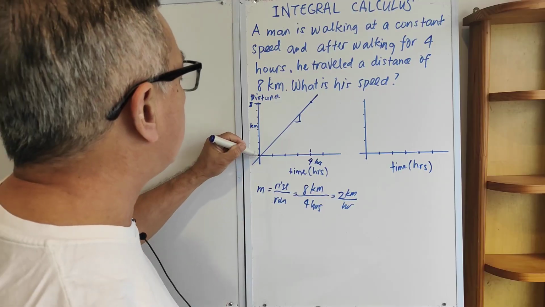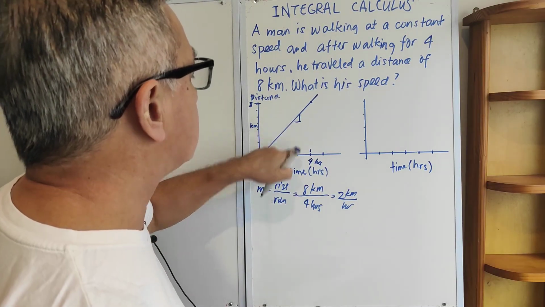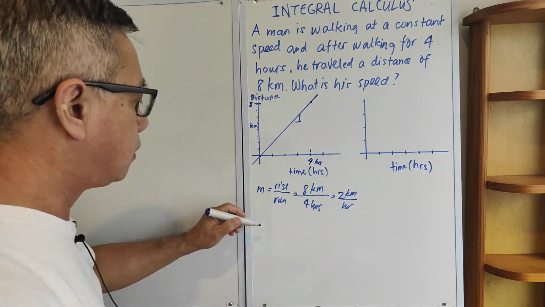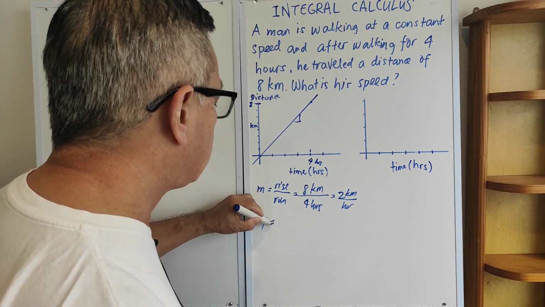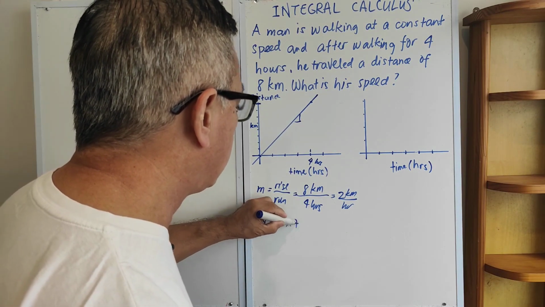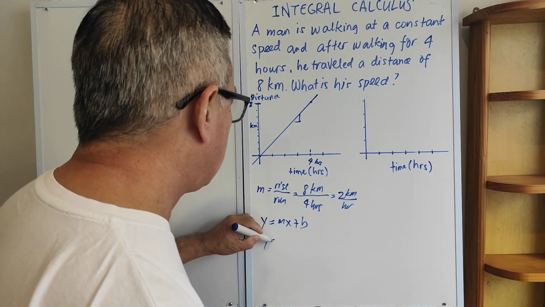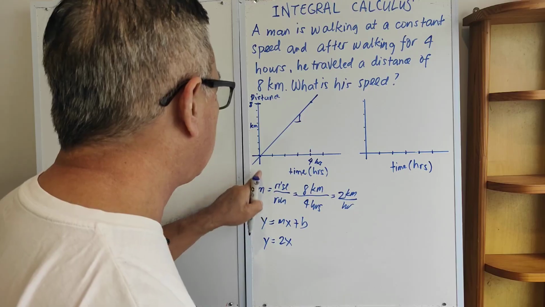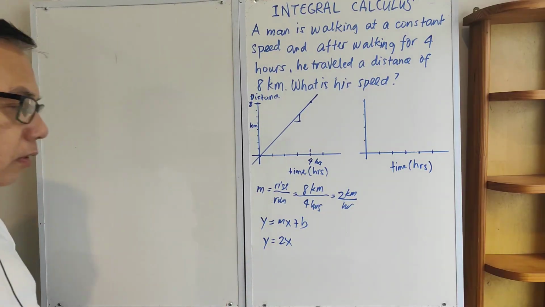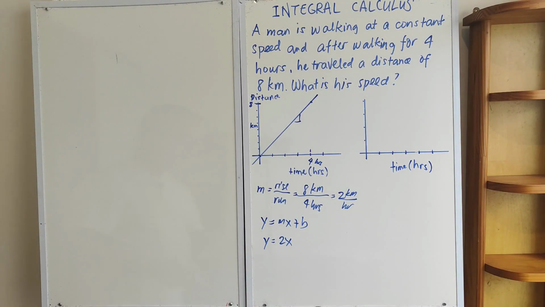We have the y-intercept at 0 and we have the slope 2. So using the slope-intercept form, y is equal to mx plus b. So our case is 2x. The y-intercept is 0, so we can leave it as y is equal to 2x.